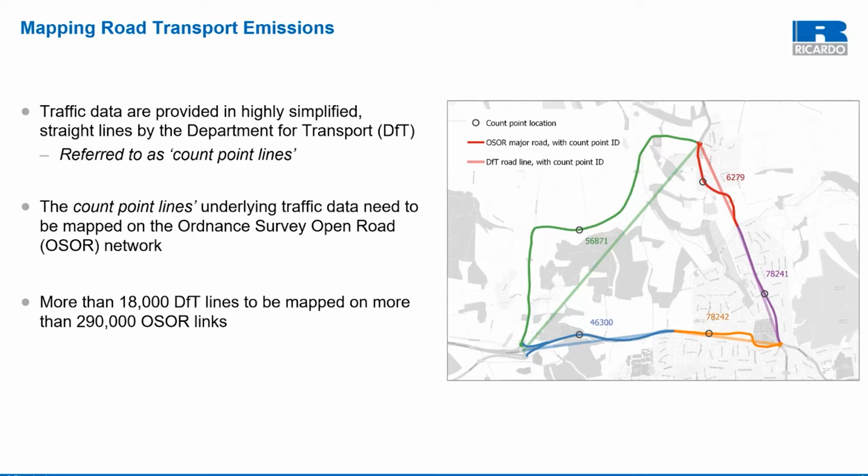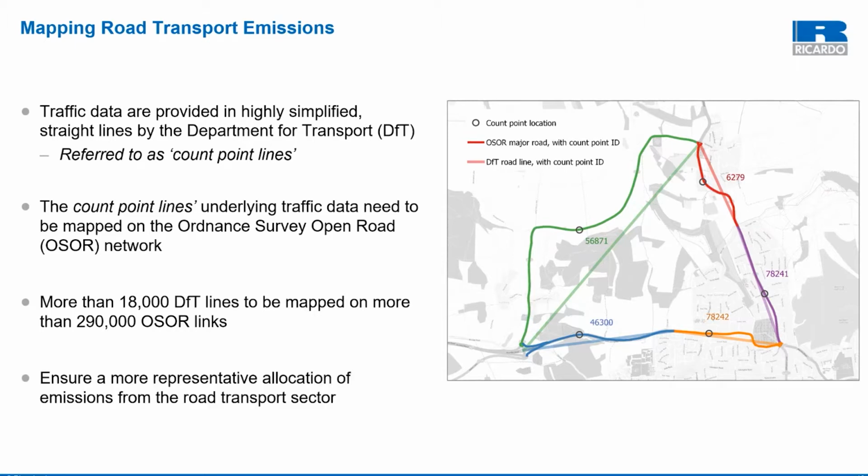As Ioannis said before, this is one very important sector for the emissions. And to transfer the traffic data from the simplified straight lines to the open road network, we use some geospatial steps, which I will be demonstrating in a bit using notebooks in ArcGIS Pro.